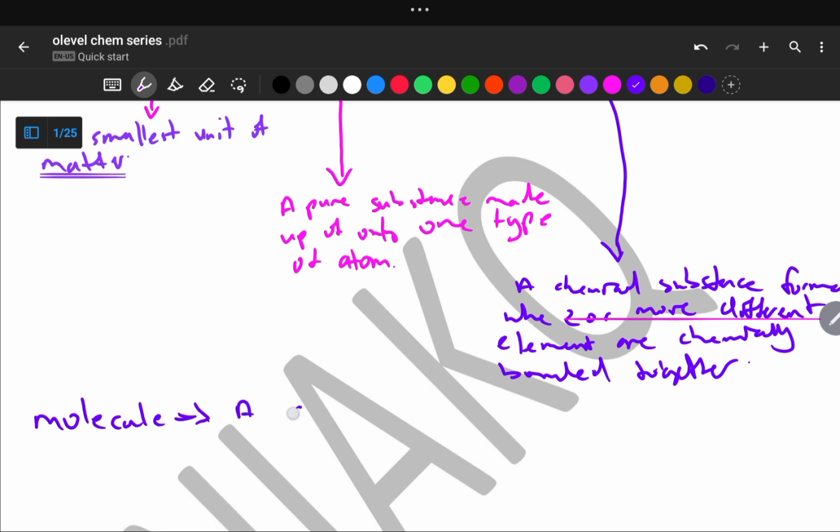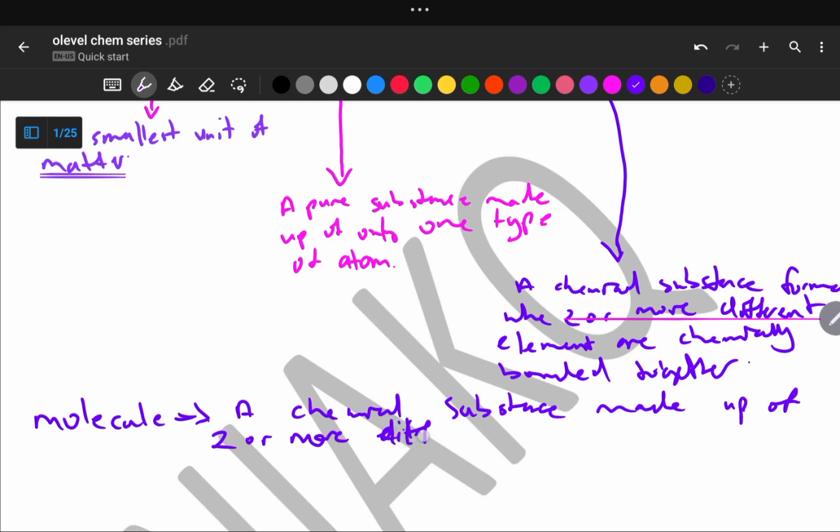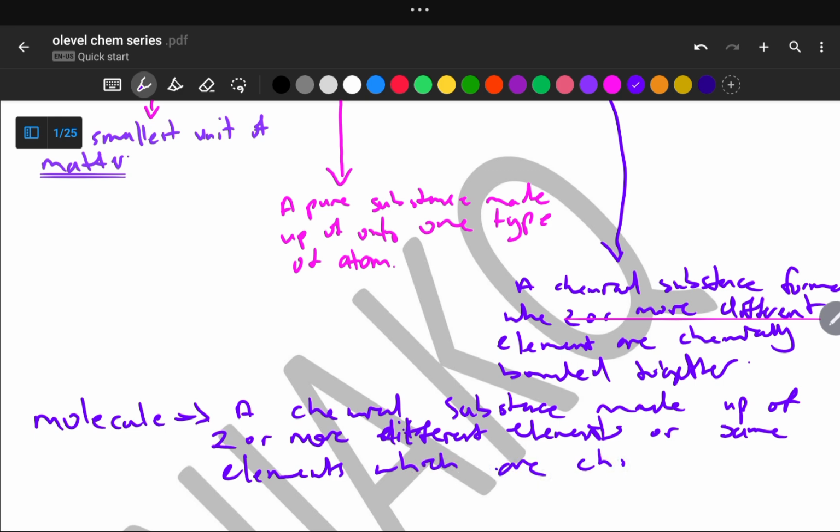So it is a chemical substance made up of two or more different elements or the same elements which are chemically bonded.